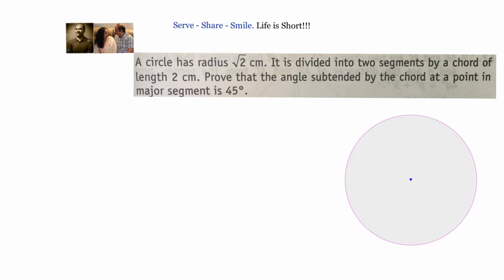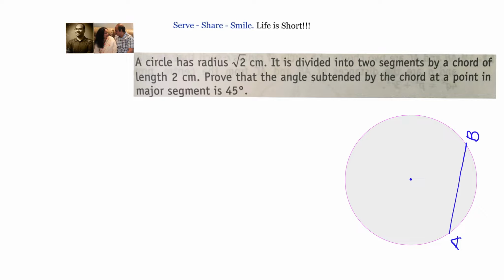Now I have taken a circle here. We have been given the radius of this circle is root 2 centimeter. It is divided into two segments by a chord of length 2 centimeters. So let us say that this is our chord AB of length 2 centimeters.